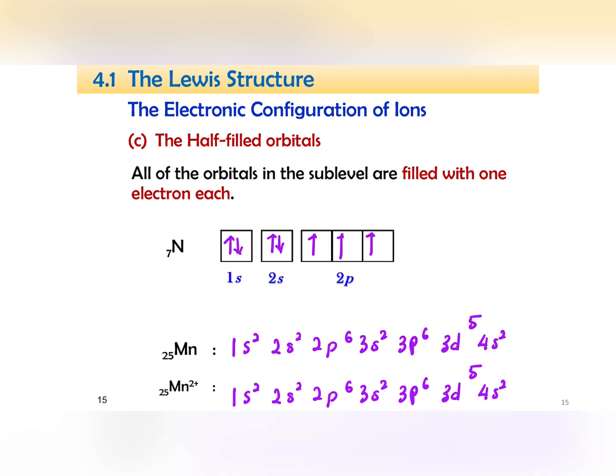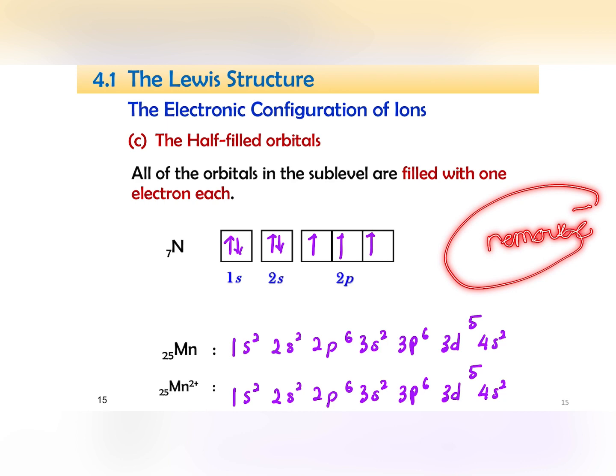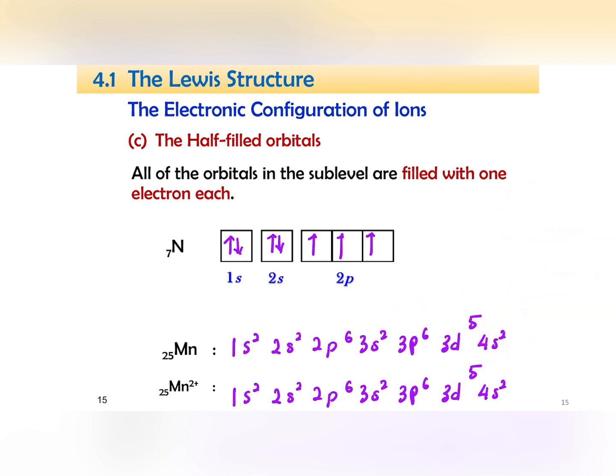So remember, if we want to remove electron, kita akan remove the outermost, yang paling luar. So yang paling luar siapa? Ini. Okay, sebab tu bila kita susun balik ikut nombor 1, 2, 3 and so on, so kita akan nampak yang shell yang paling luar adalah n equals to 4. So we will remove this 2 electron.